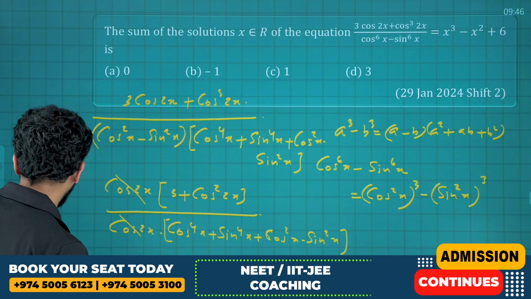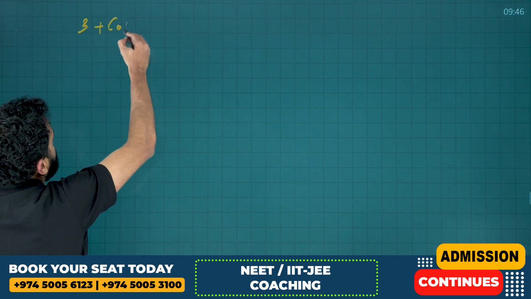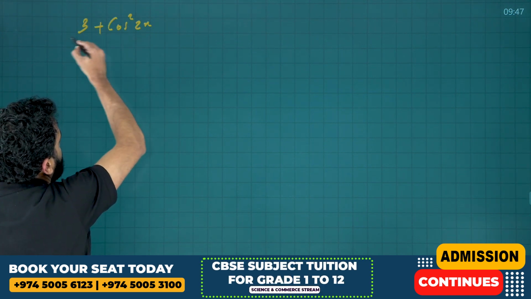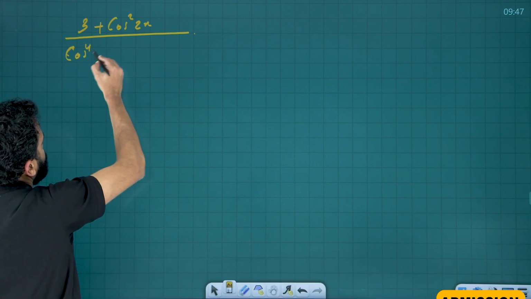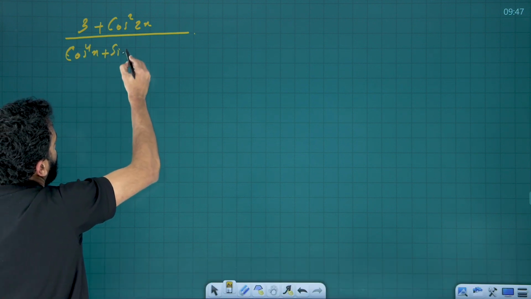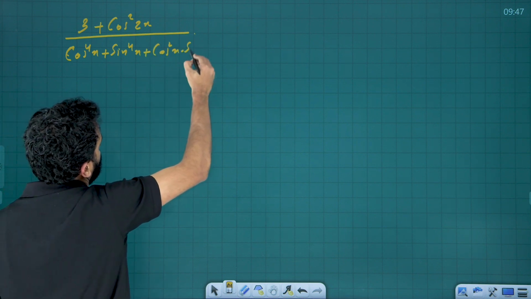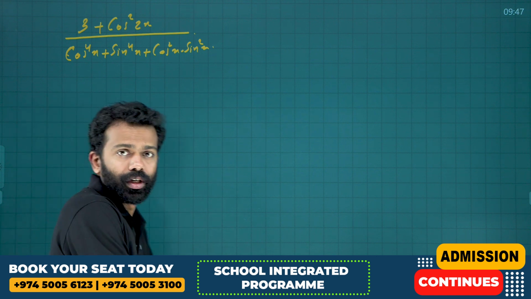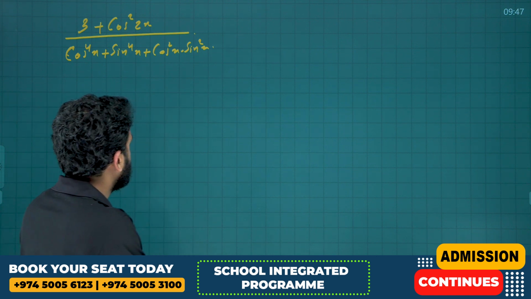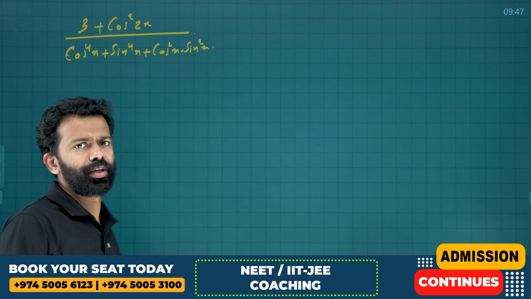Therefore, again we need to write that is (3 plus cos square 2x) divided by (cos raised to 4x plus sine raised to 4x plus cos square x into sine square x). You need to use the formulas of trigonometry here to solve this. So have you seen cos raised to 4x plus sine raised to 4x anywhere?